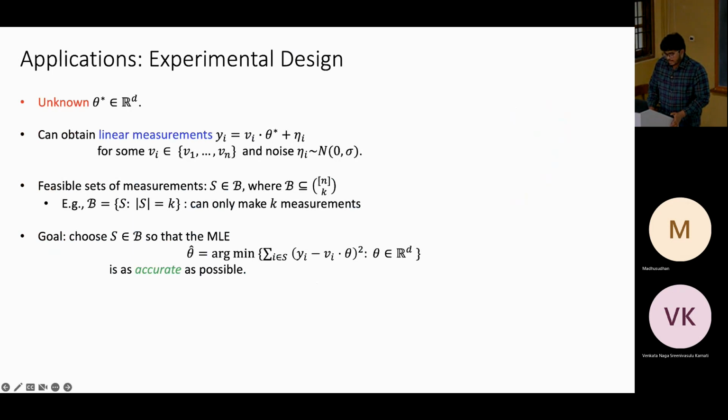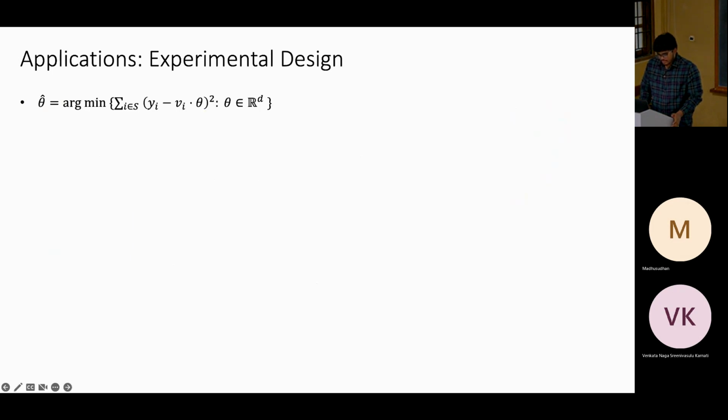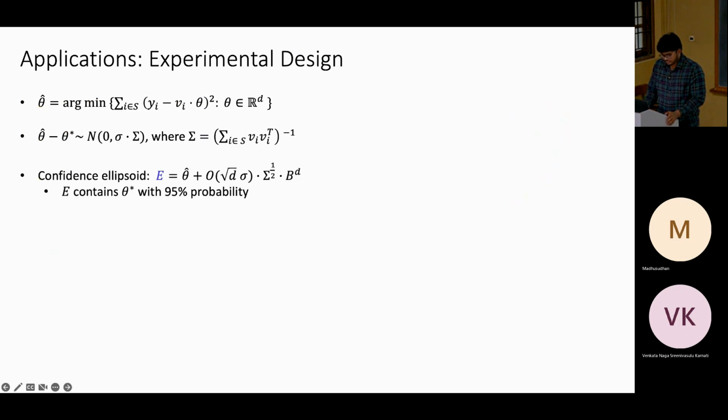And what's the goal? I want to choose that subset of vectors that will give me the most accurate estimate. What do I mean by that? Once you have a bunch of vectors, the obvious estimate is the maximum likelihood estimate, which you get by minimizing the squares error. It's known that theta hat minus the actual theta star is distributed as a multivariate Gaussian with the following covariance matrix.